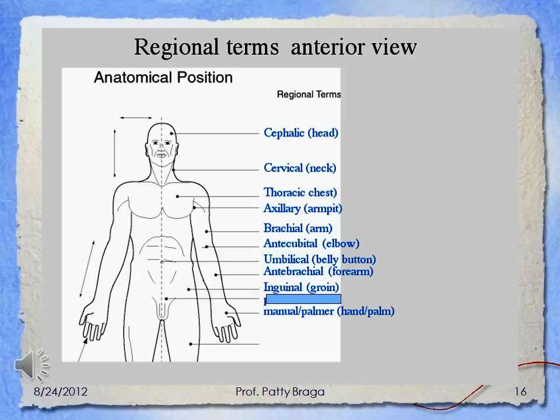Of course, you can ask the patient where the area is that needs to be scanned, but you might come across a time where a patient doesn't know exactly where it is. So you need to know these basic terms. Axillary means armpit. Obviously, umbilical area would be around the belly button, but they do become important terms to know.